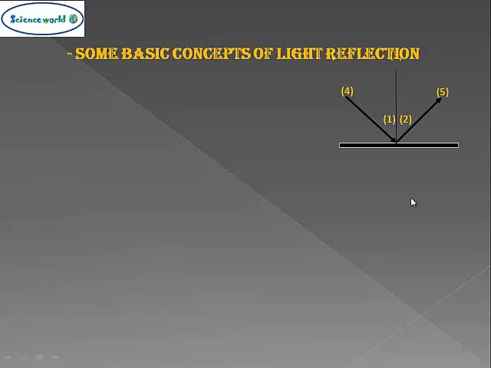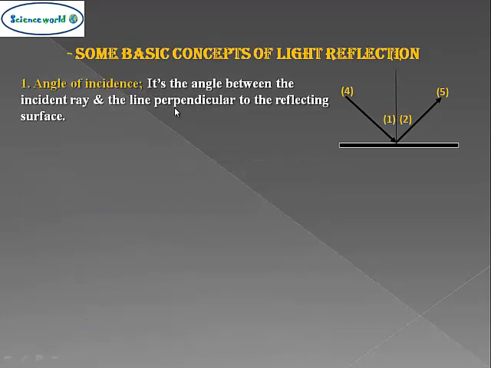Next, some basic concepts of light reflection. In this picture, this is a smooth reflecting surface. The incident ray is the ray that falls, then it is reflected, and this is the reflected ray. Number 1, angle of incidence.